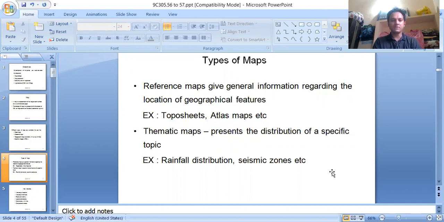We have thematic maps. Thematic maps present the distribution of a specific topic, like the amount of rainfall in a given area, how it is distributed across a given city, or something like that. This will give the specific information of an area, like seismic zones.